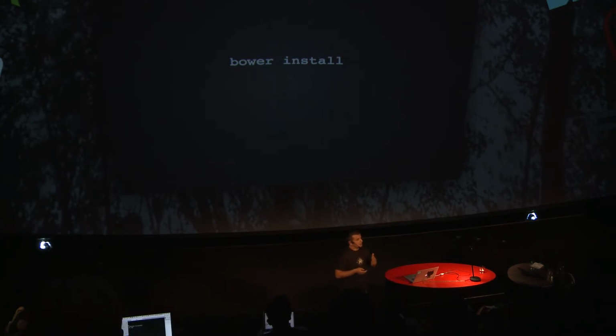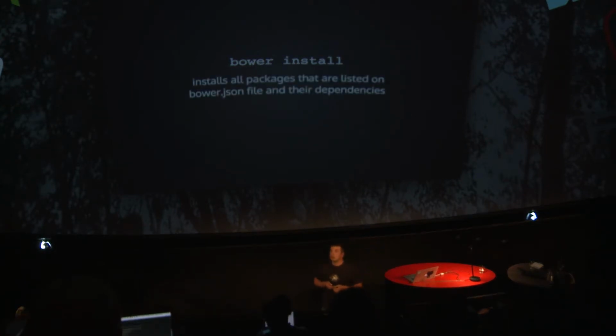I forgot to mention that Sage uses Bower, which is the package management for frontend. So you run Bower install, and it will install all the packages needed for your dependencies, listed in Bower's JSON file.